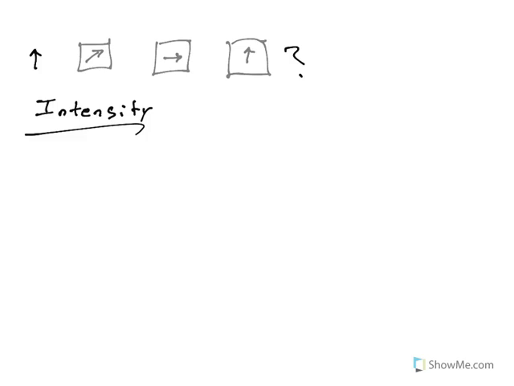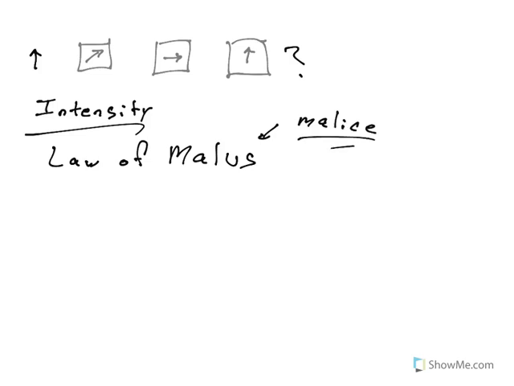There's a certain equation. It's called the law of Malus. Now, it sounds like a nice evil law, but of course, it's spelled different. Malice, the evil version, is not the same as this law of Malus. This is a guy's name, apparently. And the law of Malus describes how the intensity of light changes as it goes through a polarizer.